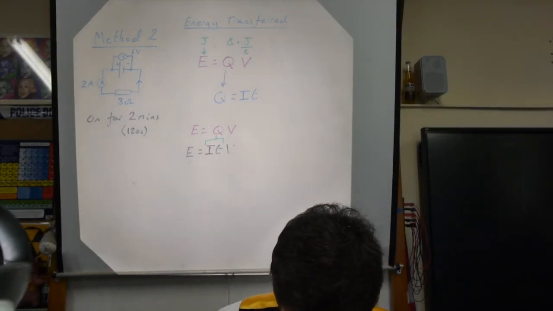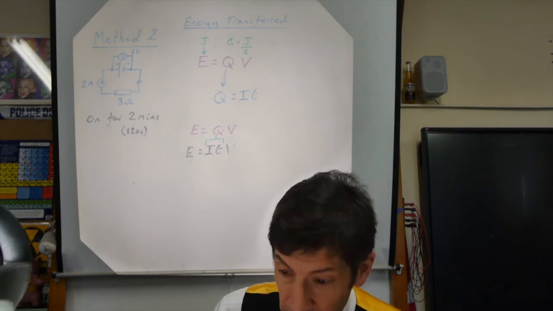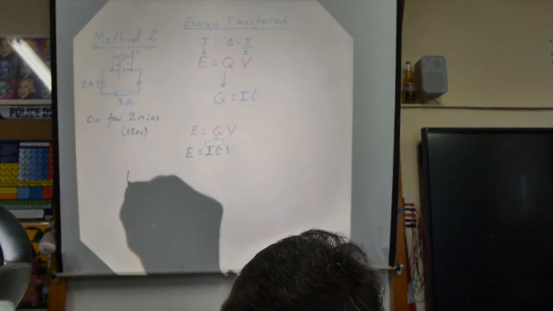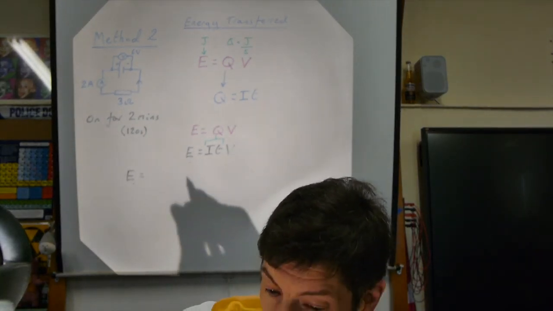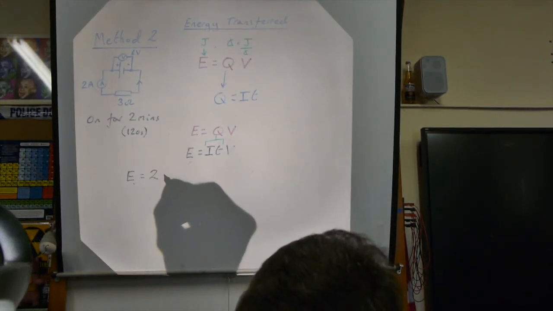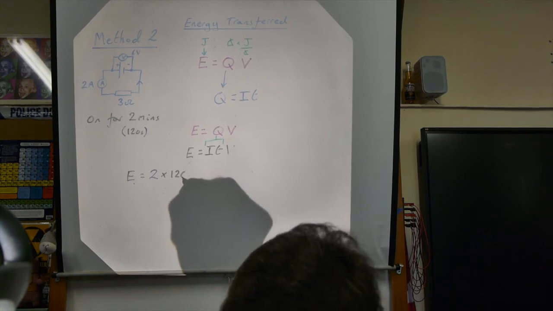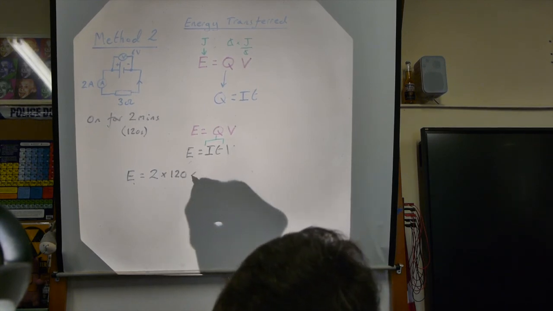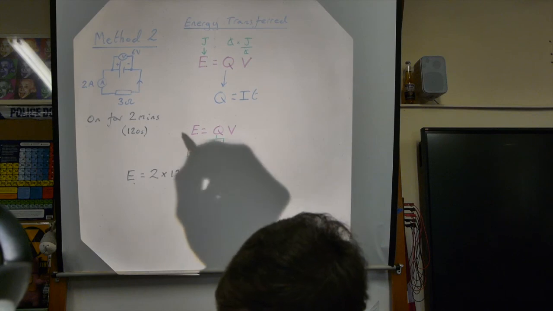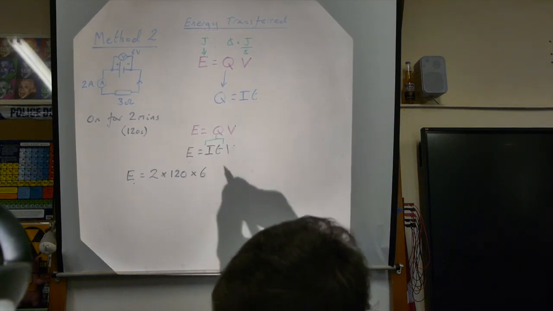So let's now put some numbers into this. So the energy that will be transferred will be the current, which is 2 amps, times by the time, which is 120 seconds, times by the voltage, which is 6 volts.